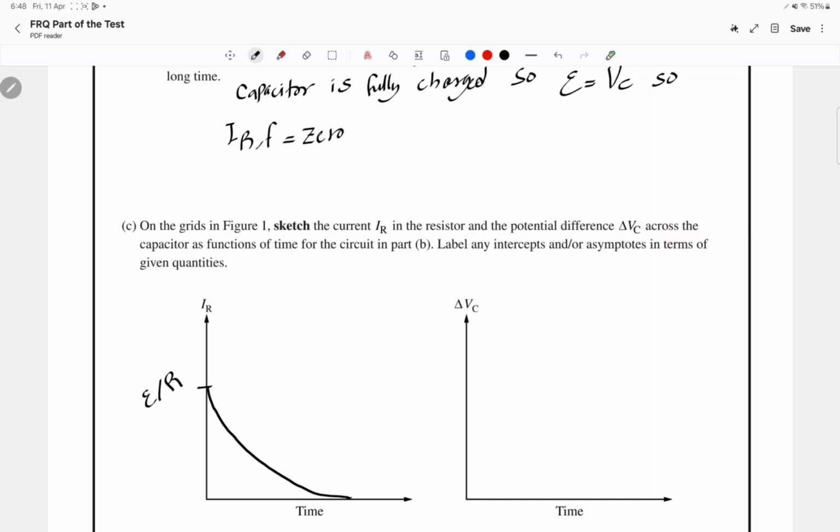Okay. And over time, the voltage of the capacitor increased. We started at 0, but then over time we reached a full voltage. So we're going to be increasing over time, but increasing fast in the beginning, and then flattening out at some point, at exactly the voltage of the battery.